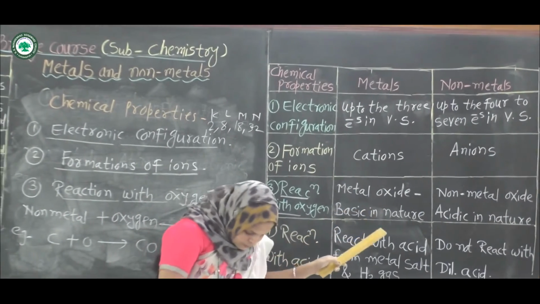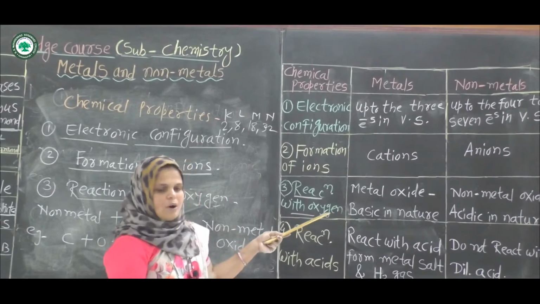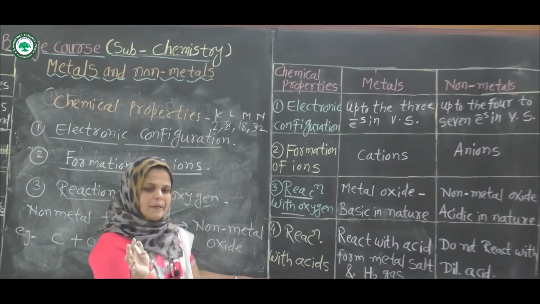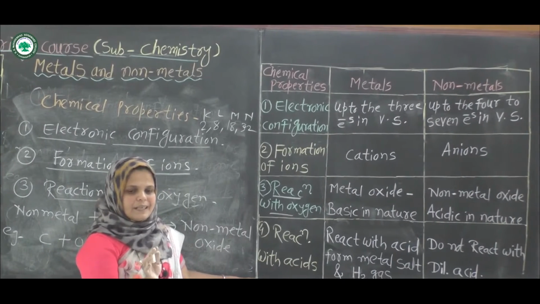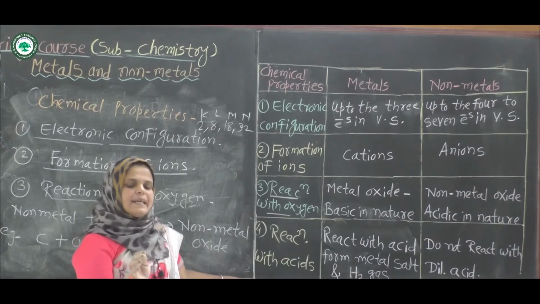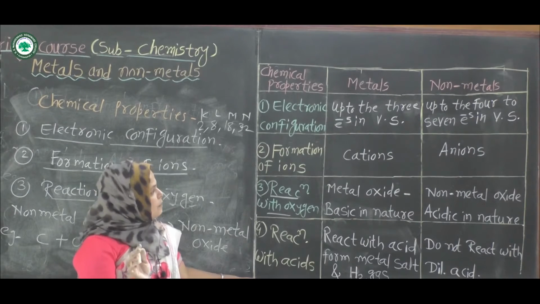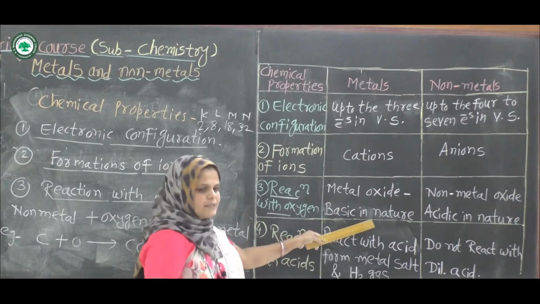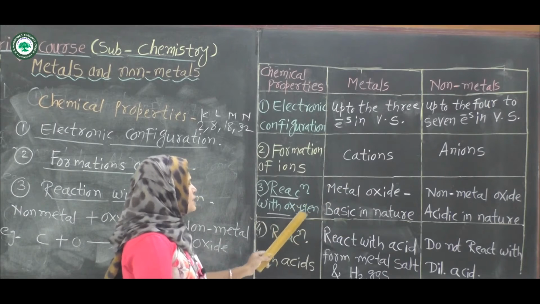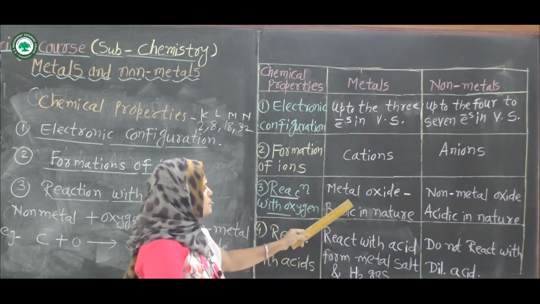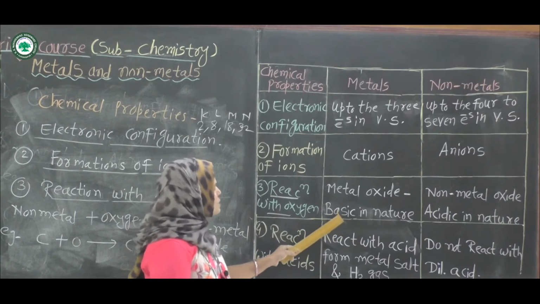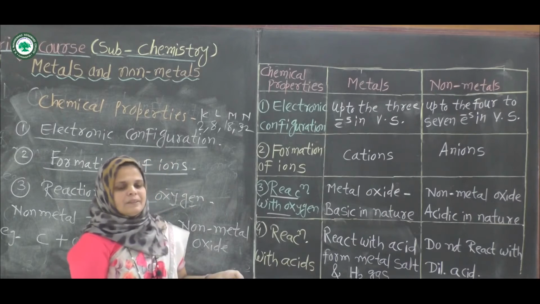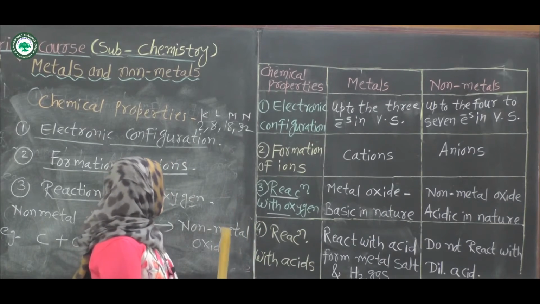When you ask whether metals are basic or acidic, when you ask whether non-metals are acidic, basic or neutral, हे तुम्हाला माहित आहे. जनरली जो काही नेचर आहे, काय म्हणतो आपण, ॲसिडिक, बेसिक किंवा न्यूट्रल. तर आणि त्यामध्ये लक्षात ठेवायचं आहे, मेटल्स ऑक्साईड विच आर बेसिक इन नेचर. मेटल्सची रिॲक्शन ऑक्सिजनवर होऊन मेटल ऑक्साईड तयार होतात आणि त्याचा जो काही नेचर असतो तो कसा असतो, बेसिक इन नेचर. But non-metals react with oxygen to form the non-metal oxide.